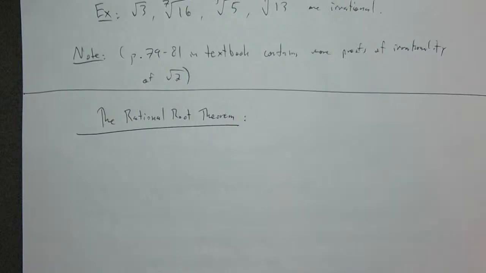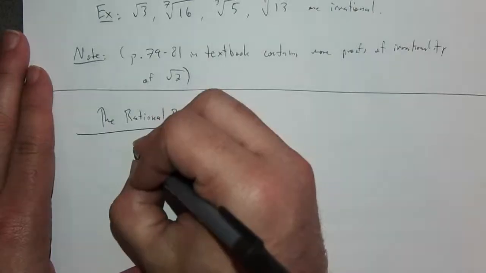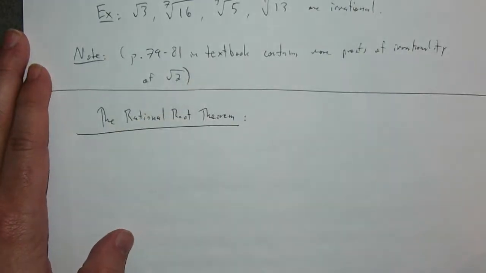Well, you've seen this in some form before because it gives you an efficient way of guessing, or not really guessing, but listing out all of what the rational roots of some given polynomial with integer coefficients has to be, like what the only possibilities are. So what does this theorem say?